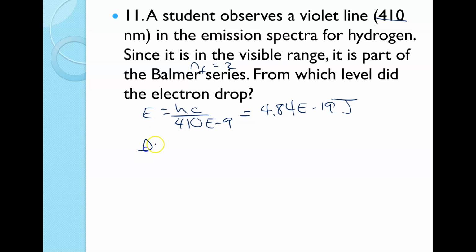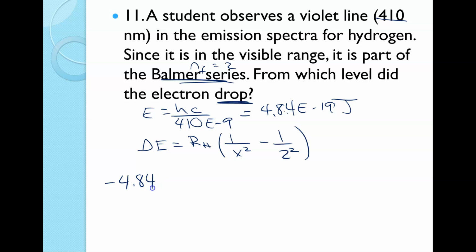So if I'm going to put it into the delta E equation, 1 over the energy level it started at minus 1 over 2 squared, because that's what the Balmer series means, I need to make sure that I recognize that that energy is being released. I need to put in the negative, or the math will not work. You're going to get an answer that makes no sense.